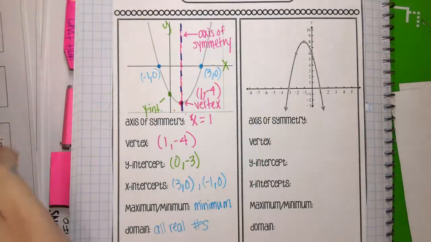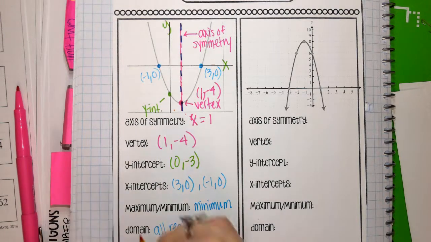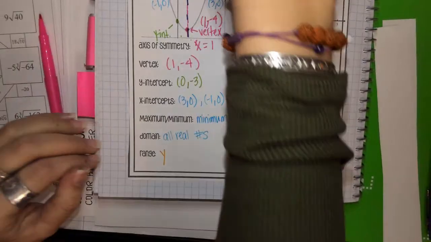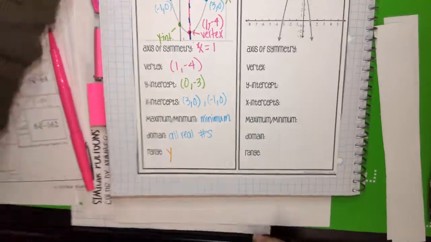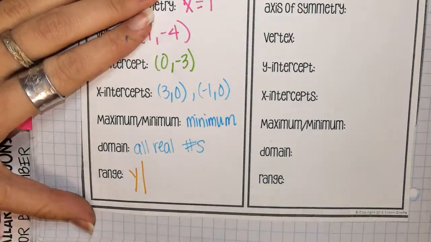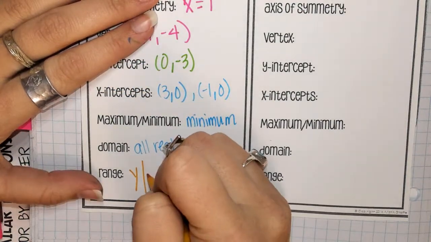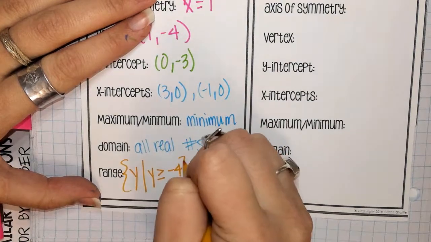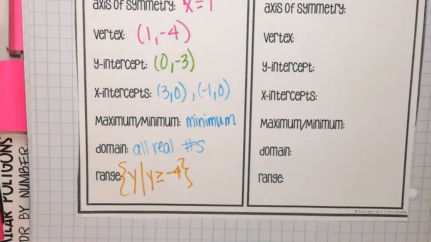So that means your range is y, and that's how you write it. Everybody brace yourself: y is greater than or equal to -4.